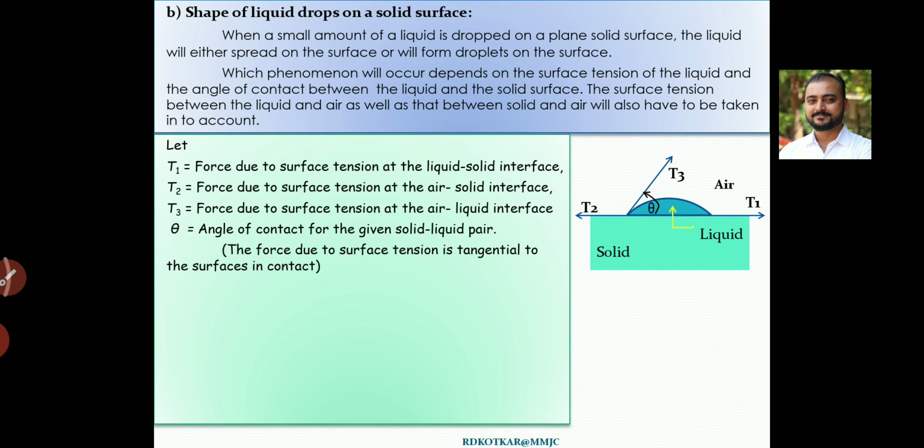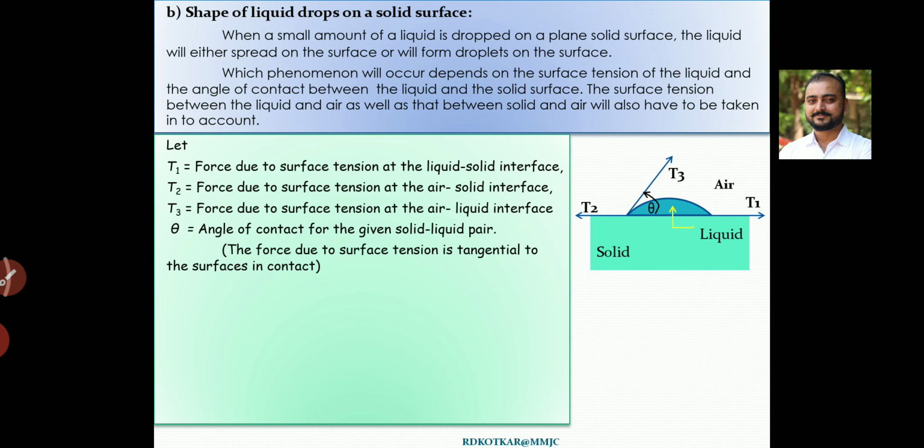We consider here the forces T1, T2 and T3. Why are these forces taken into consideration? Because the forces considered here are tangential to the surfaces in contact, meaning these forces are tangential at the respective surfaces.